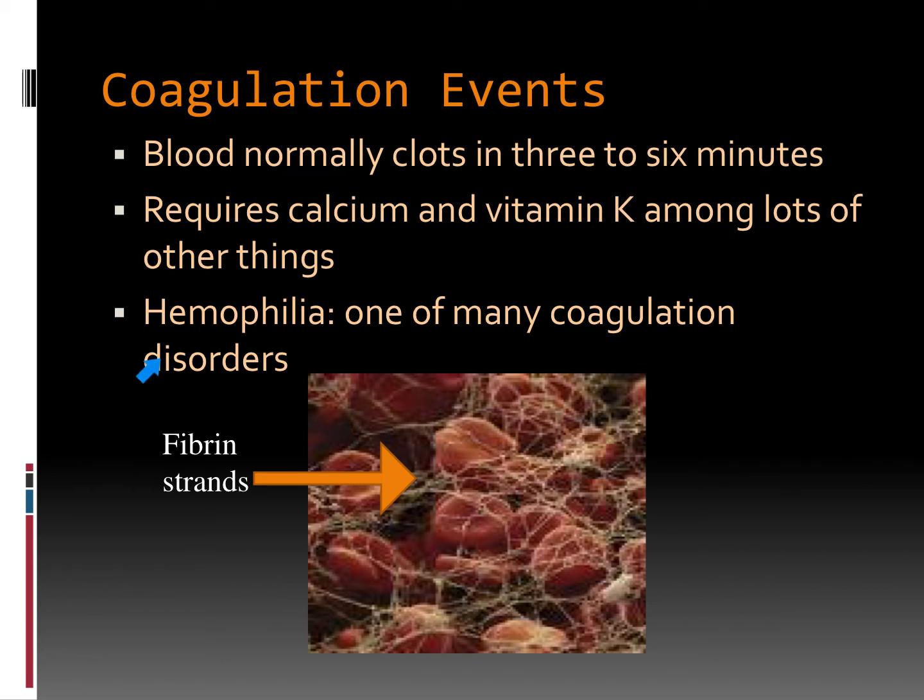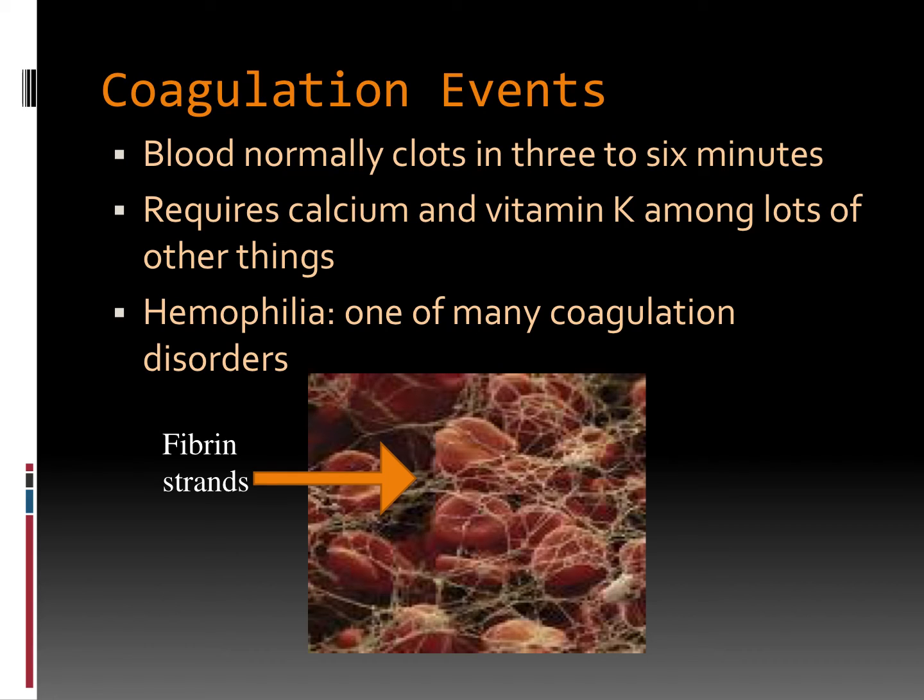You may have heard about hemophilia. You might have learned about it in either biology or history, because Queen Victoria's family, because they were fairly closely related, passed on hemophilia to several of the family members, most notably one of Tsar Nicholas's sons. So it's really a group of coagulation disorders.